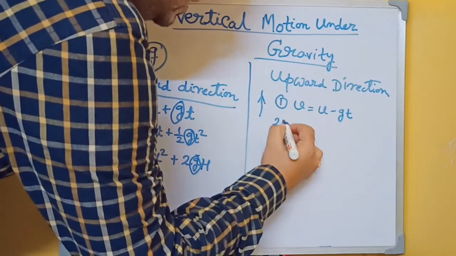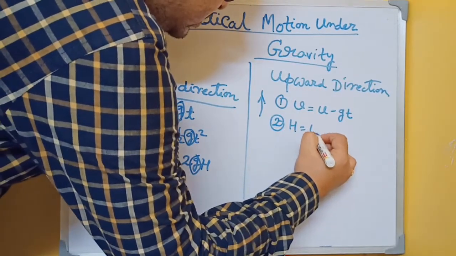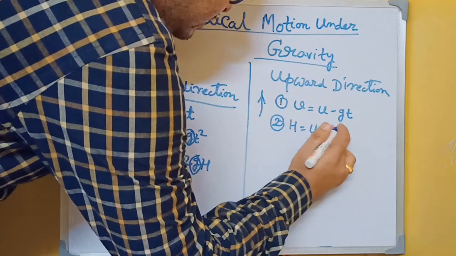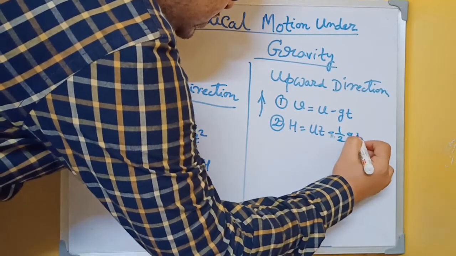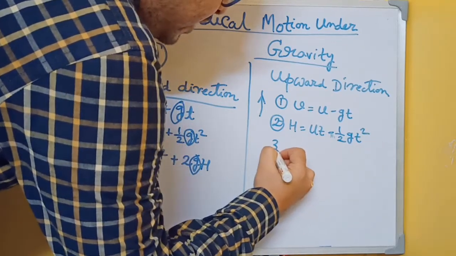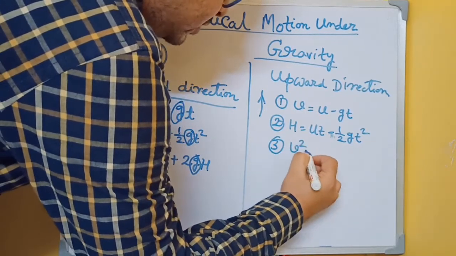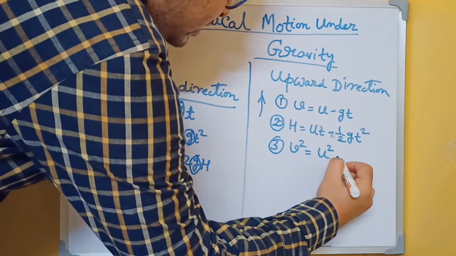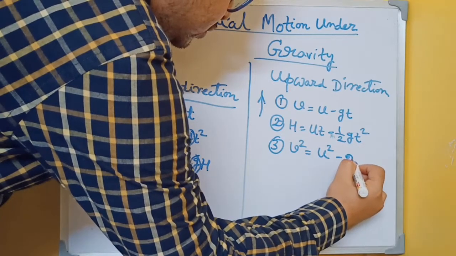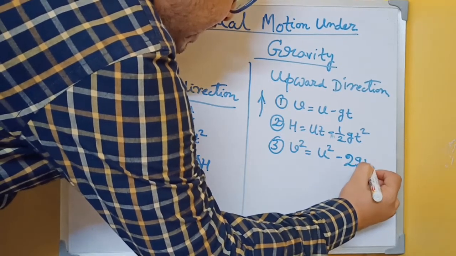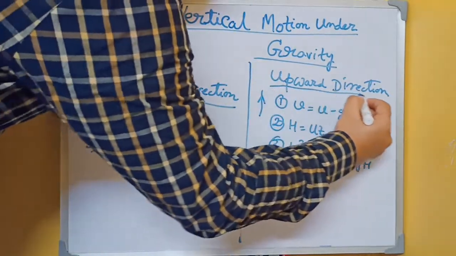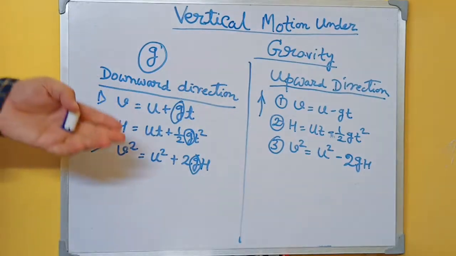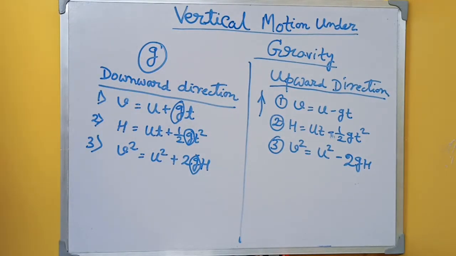Because this is against gravity. h is equal to ut minus half gt square, and v square is equal to u square minus 2gh. Take as minus because this is upward direction. Upward means this is against gravity.